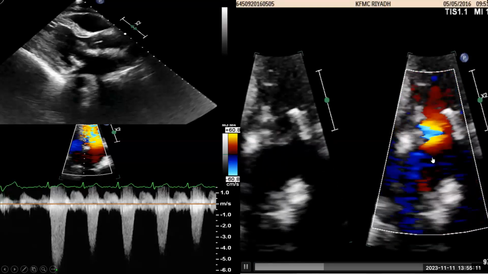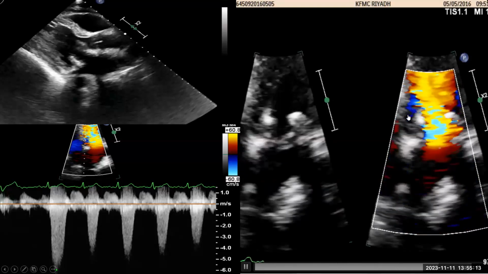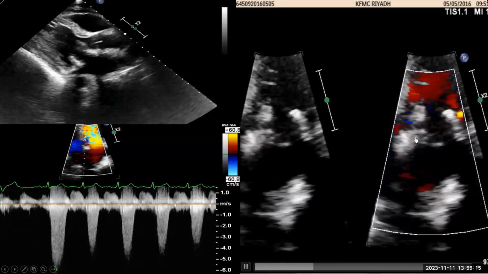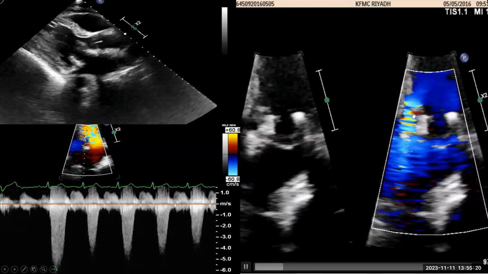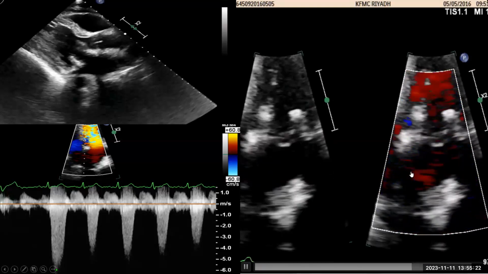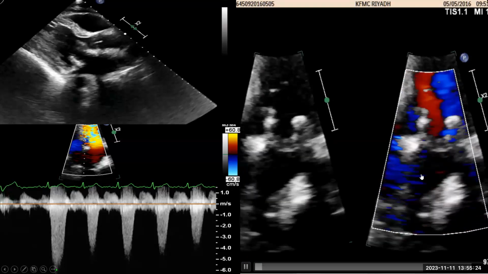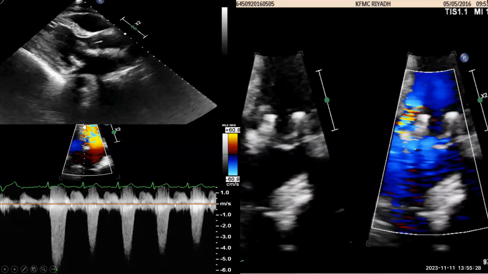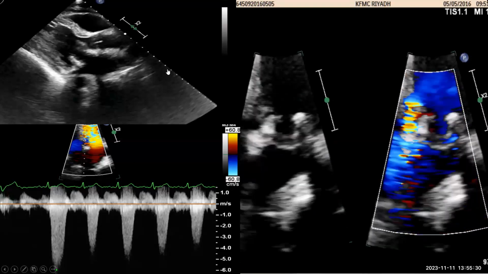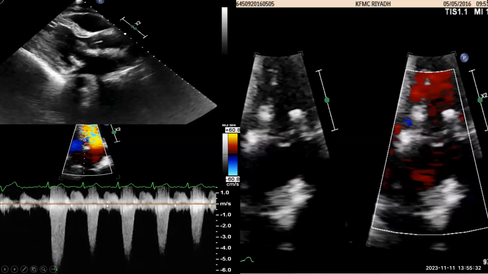In paravalvular leak or regurg, you have to see, as we say, sometimes rocking motion, dehiscence, or maybe there is none if the paravalvular leak is small. You'll have the leak or regurgitant jet coming backward to the left atrium, and we don't have this here. And this is CW across the LVOT.